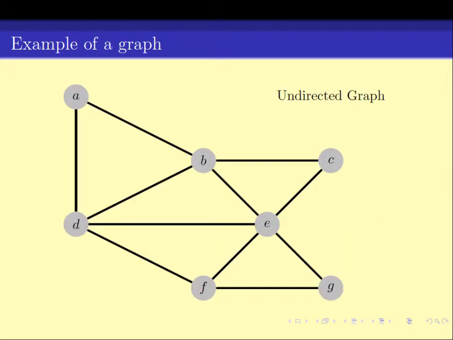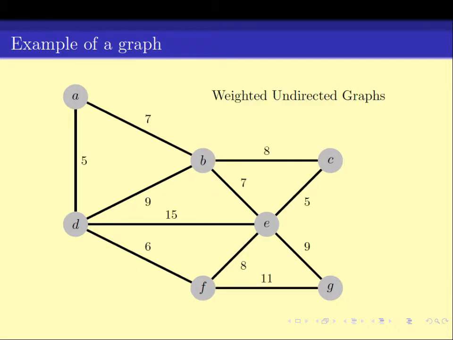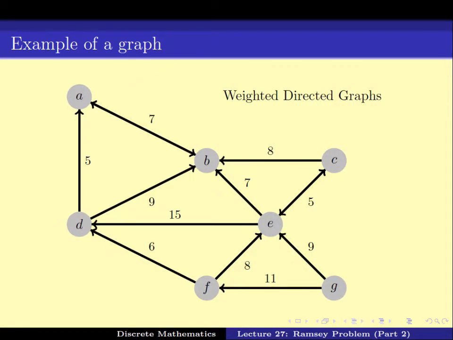The edges are drawn using lines joining the vertices. There can be weights on the edges, and there can be direction on the edges to represent the asymmetric version of the edges.